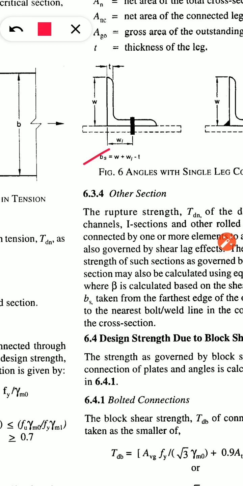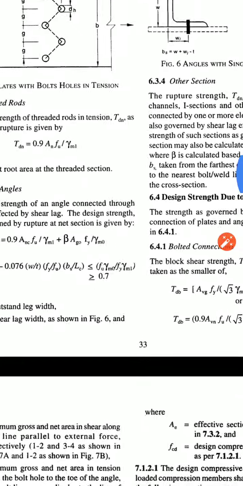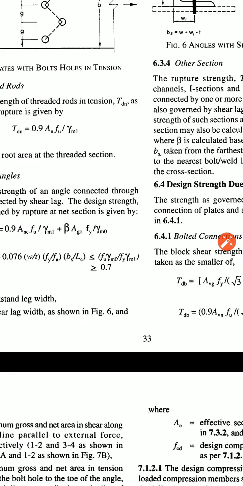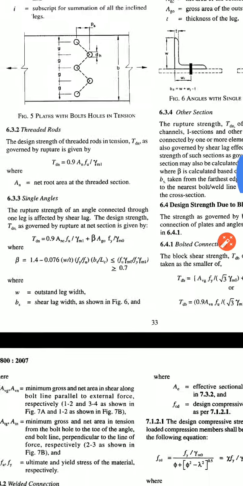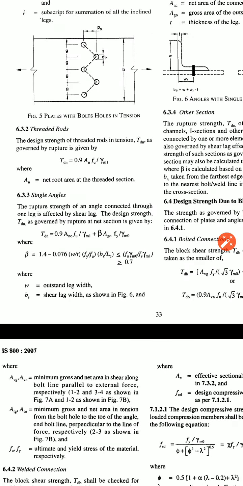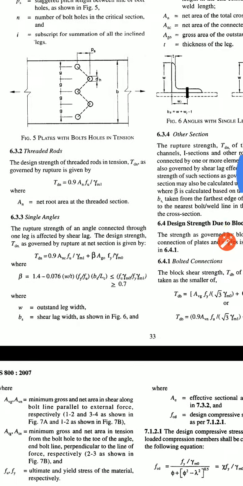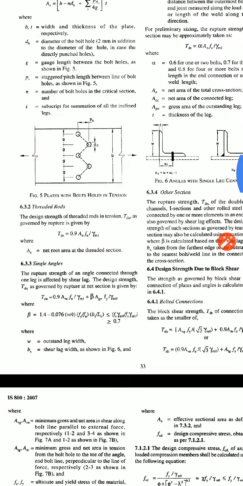Please refer to SP6 to find w1, and t is the thickness of the plate. Substitute to get bs. Lc is the center to center distance between the bolts, which can be seen in the data. So that is beta; substitute it, and we will get the design strength due to rupture for angle sections.